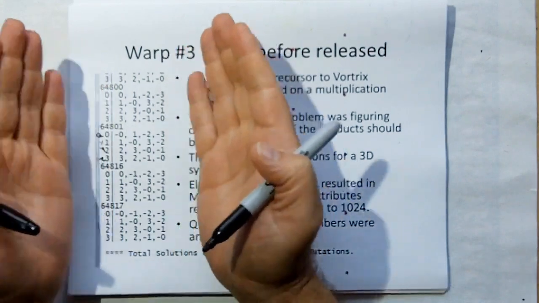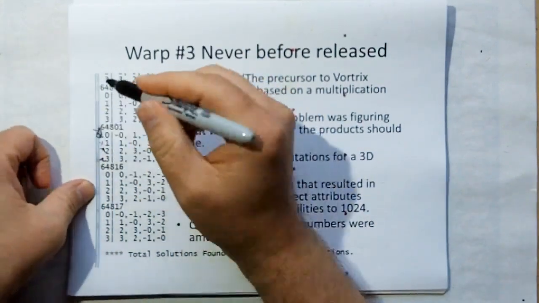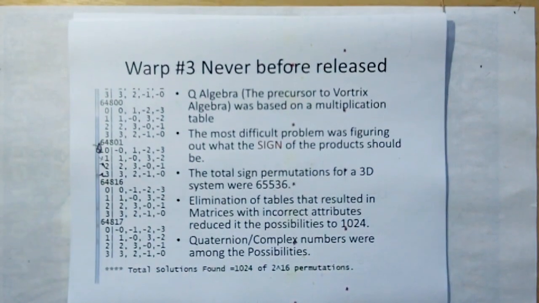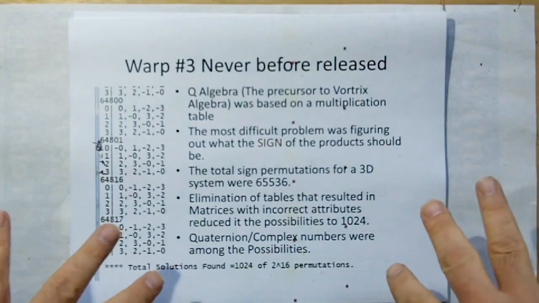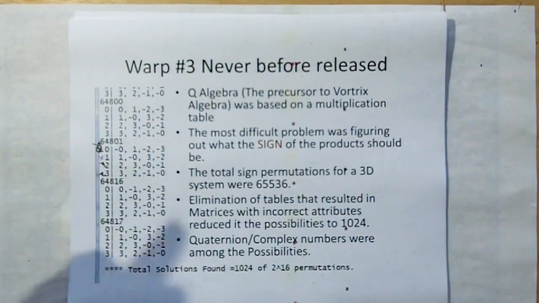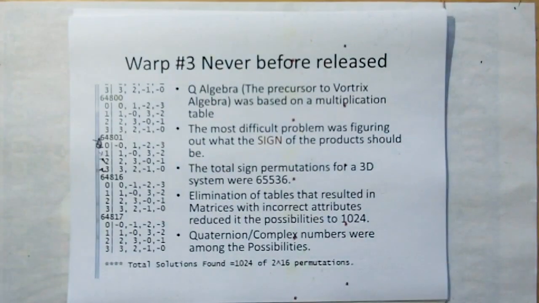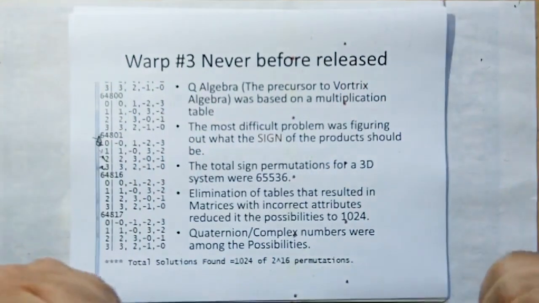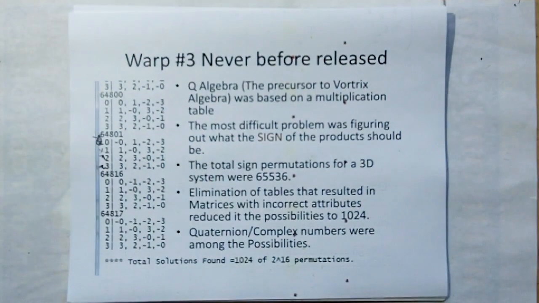Q-Algebra was abandoned because the Q continuum was ambiguous according to the 17th rule, so I had to do something with that. So that's why Q-Algebra was abandoned in favor of Vortrix Algebra, which does not have the ambiguous dimension, but we're still at the same point where a sign convention is going to be the final decider of what the final Vortrix is going to be.